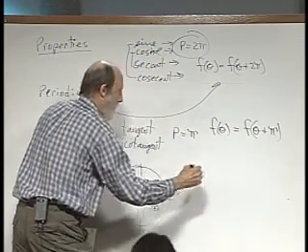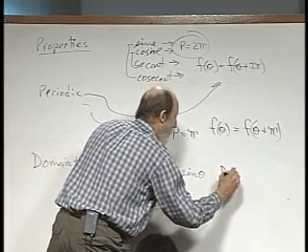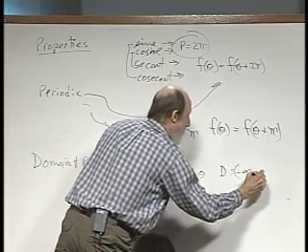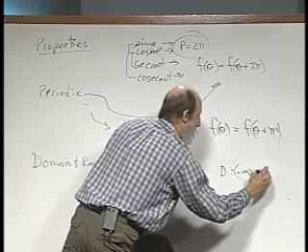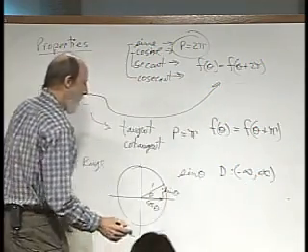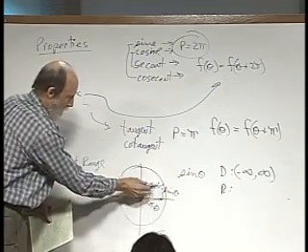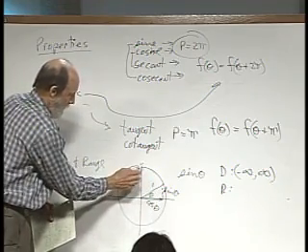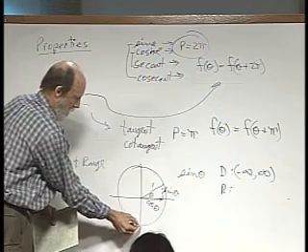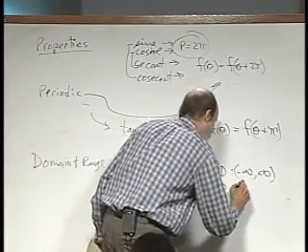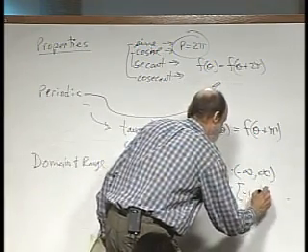So the domain on your sine function is all real numbers, or minus infinity to infinity. The range, however, is restricted to your y readings you see here, and they can't get any larger than 1 or any smaller than -1. So your range is trapped between -1 and 1.